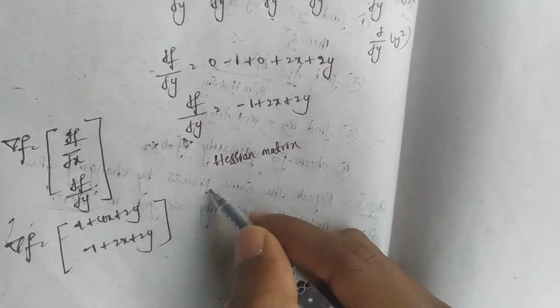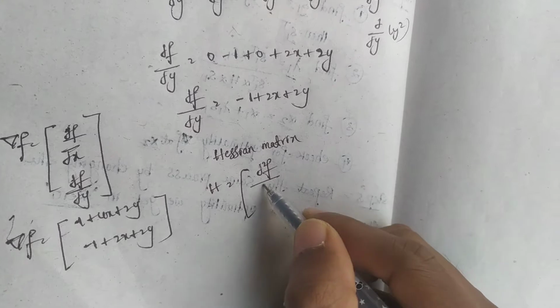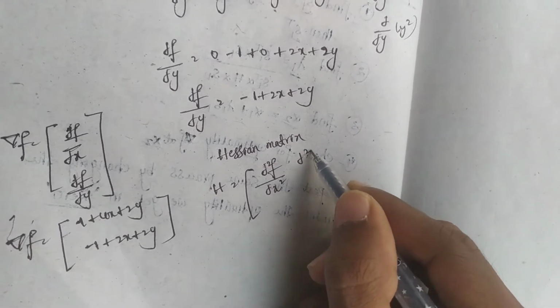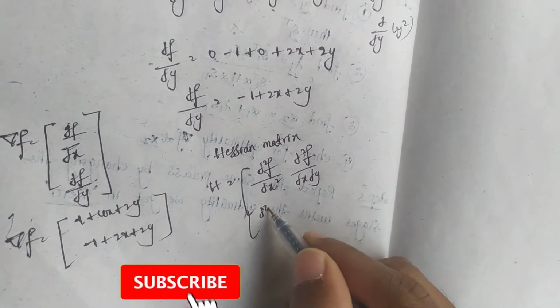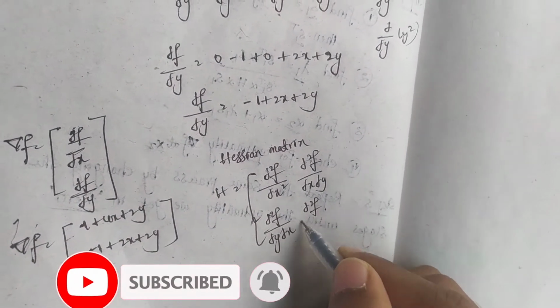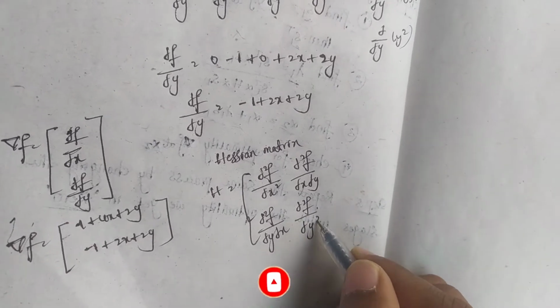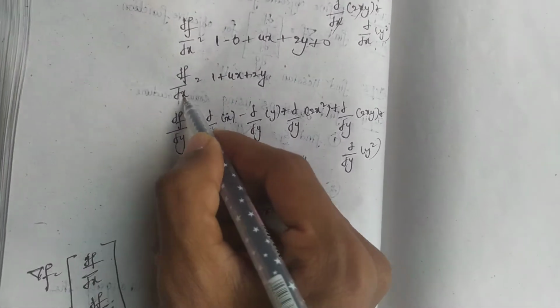We know that the Hessian matrix mod H equals to dou square f by dou x square, dou square f by dou x dou y, dou square f by dou y dou x, and dou square f by dou y square. Here already we have dou f by dou x.